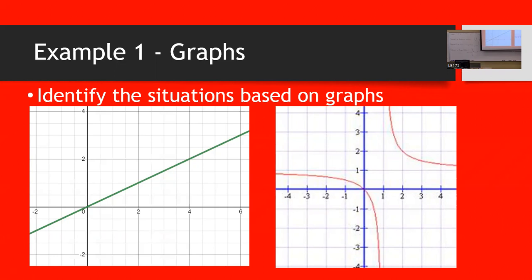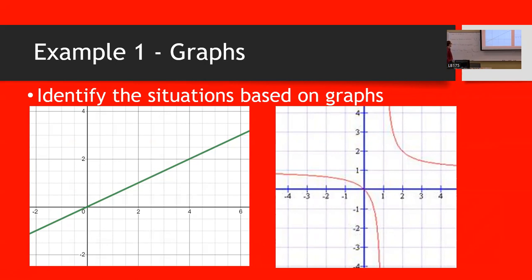The type of graph on the left, the one that's in green there, that's pretty obviously a straight line. And therefore that's going to give rise to a linear function. On the right, we see those two distinct parts that, again, if you drew a plus sign, they'd be getting closer to each side.